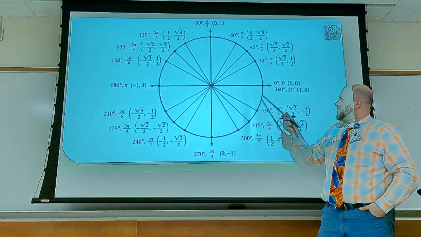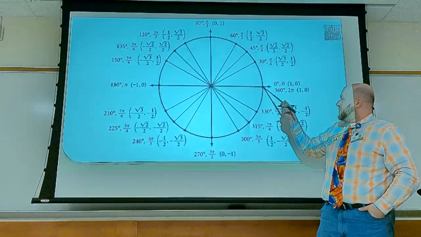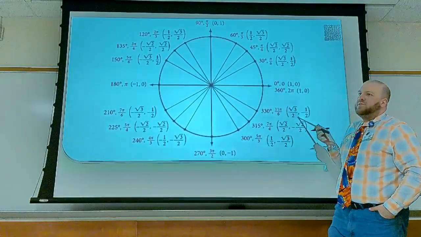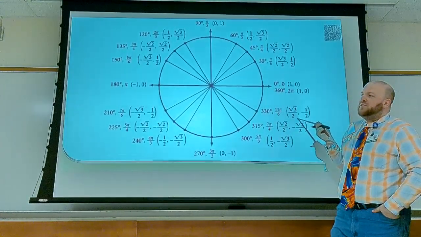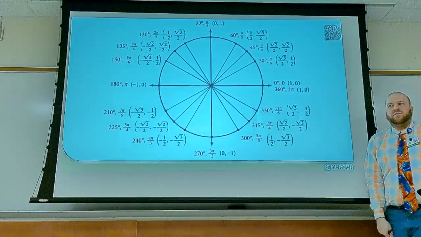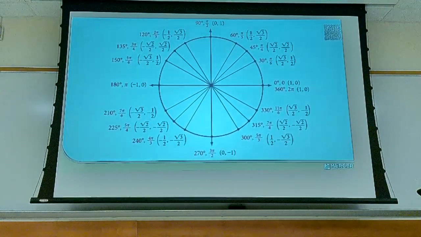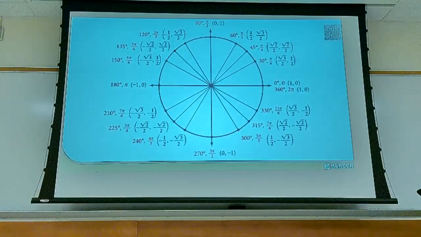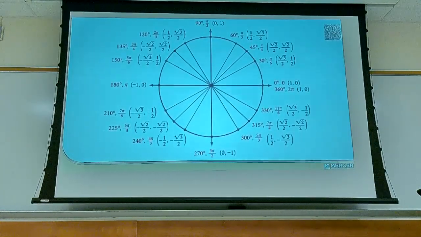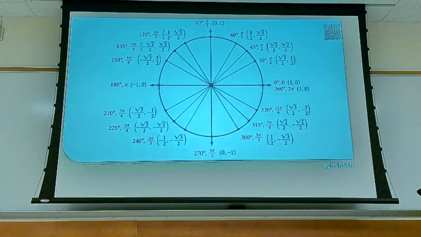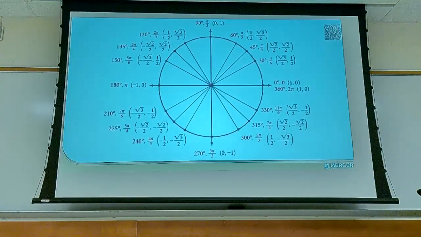Negative pi over 6 is going to be a clockwise rotation of pi over 6. Boom, there's negative pi over 6. That's how you have to do it. The easiest thing to do would be to use coterminal angles, because remember, your cosine and sine are 2 pi periodic as well, which is of course the coterminal angle business.